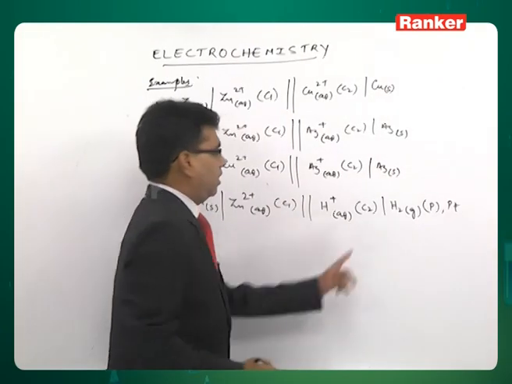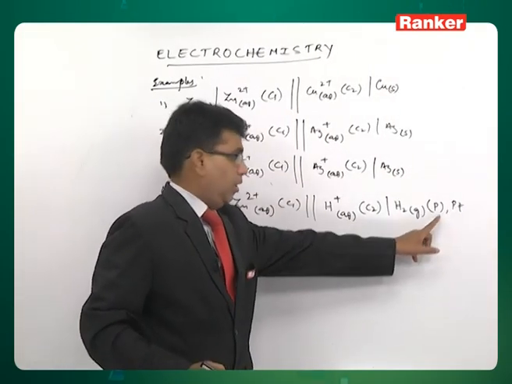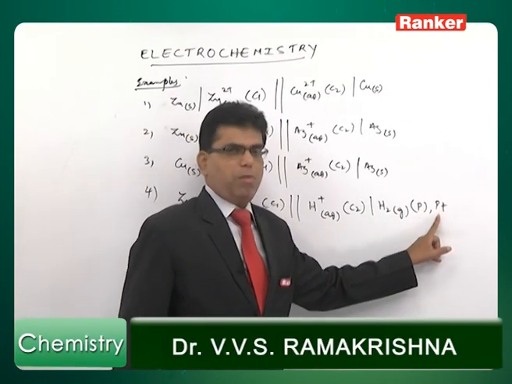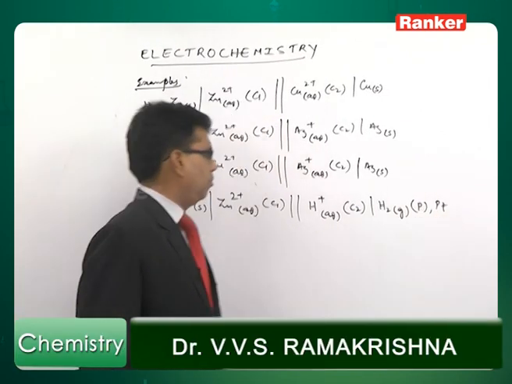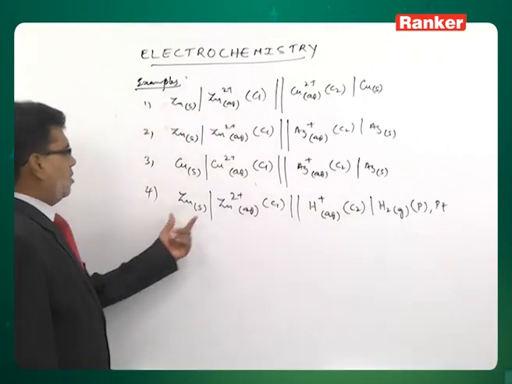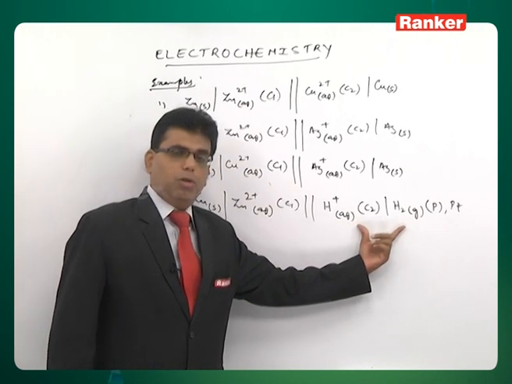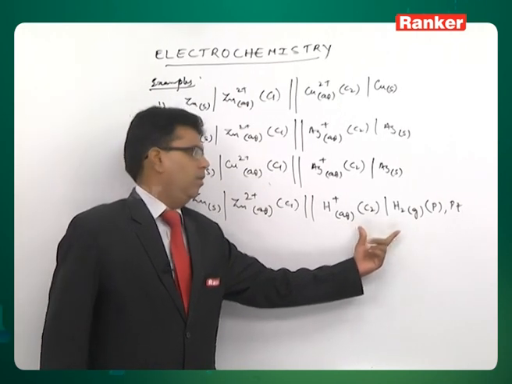As we told, in the case of non-metal, that is gases, the pressure at which the gas is filled is to be mentioned, and of course, the platinum wire that acts as the conductor, the conducting medium. So, this zinc gets oxidized to zinc ions, hydrogen ions get reduced to hydrogen gas, right.